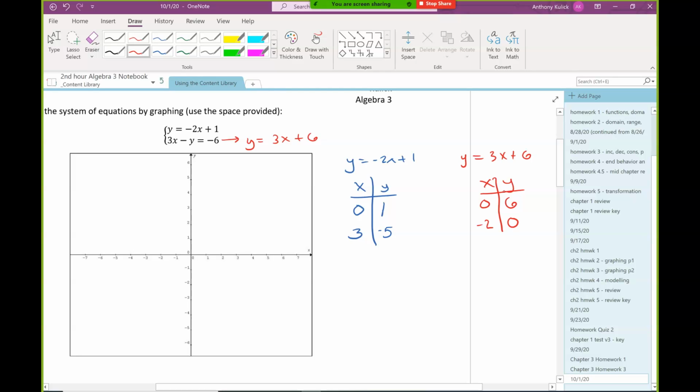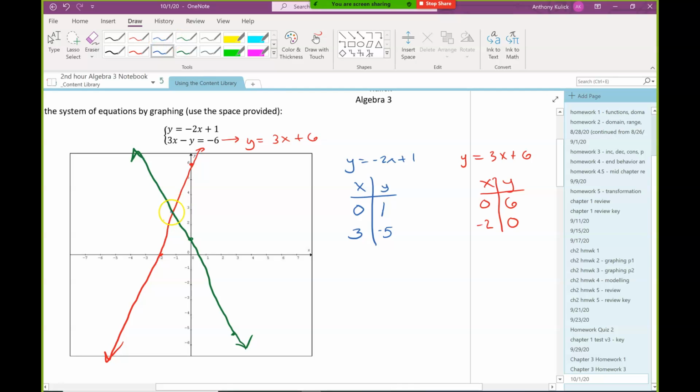And now I'll just go ahead and plot. So I have 0, 6, negative 2, 0, and it looks something like that. And I have 0, 1, and 3, negative 5. It's going to look something like that.